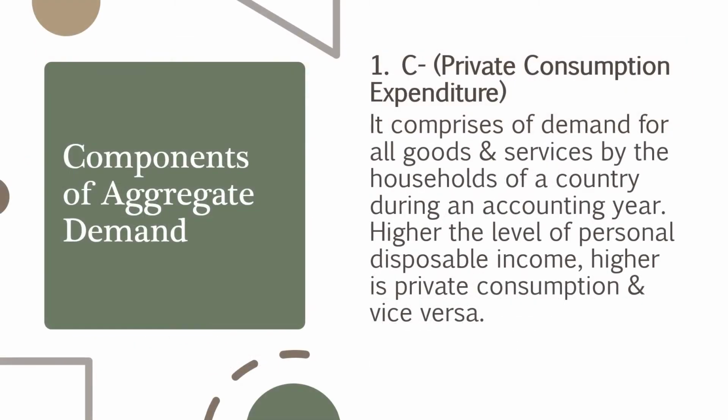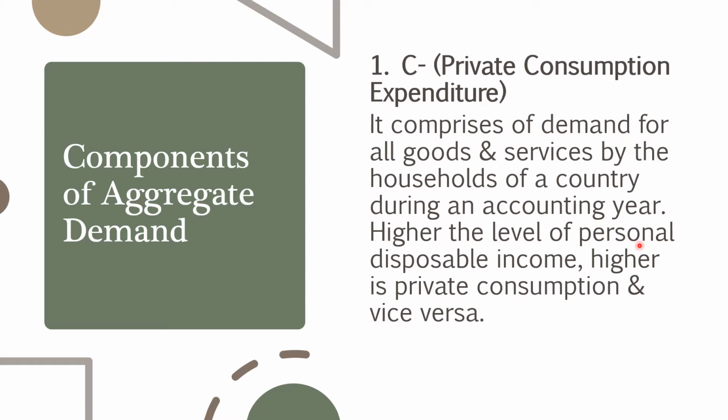Let us now study the components of aggregate demand. The first one is private consumption expenditure, denoted by the symbol C. What does it comprise of? It comprises demand for all goods and services by households of a country during an accounting year.